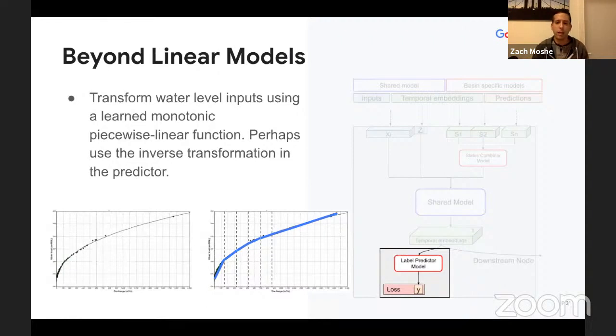What we are currently playing with is just having some piecewise linear layer, a layer that basically splits the range into a few bins and then learns just a positive slope for every bin that should simulate the rating curve, at least as we know it from the hydrological knowledge that we have. And then we will allow the predictor to apply some learned rating curve over the embedded vector, and then maybe just some regression to collapse everything to a single value.